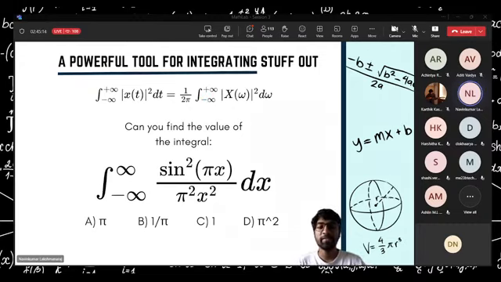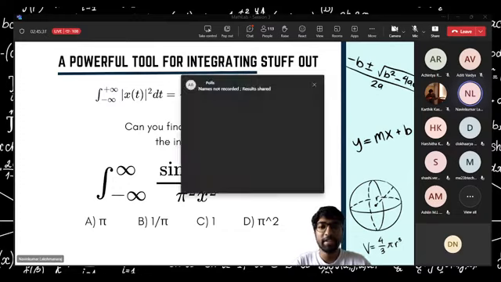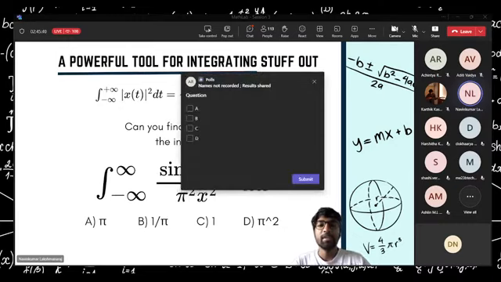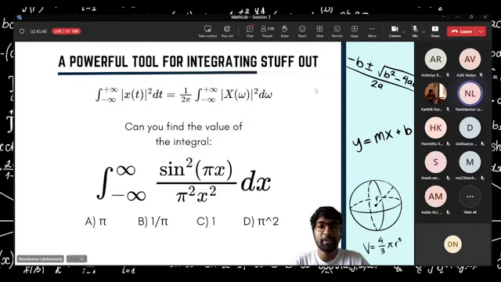Now, while you guys are figuring out the integral, I'll also try to give an explanation of why this identity holds. One way you can think of it is, say you figure out the Fourier transform of the function x(t). What you can also do is figure out the Fourier transform of x conjugate t, that is x star t. And you guys would know that the product of x and x conjugate gives you mod x squared. Now, when you multiply the same Fourier domain expressions, you take the two integrals and multiply them together, what you get will be a product of two integrals.